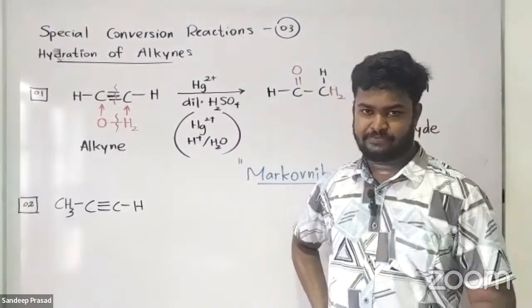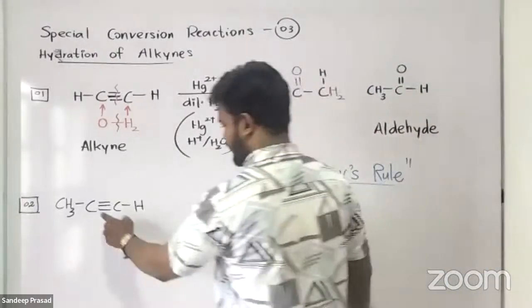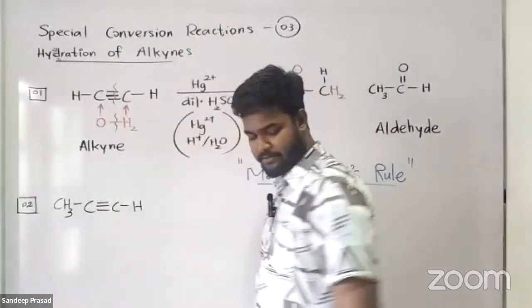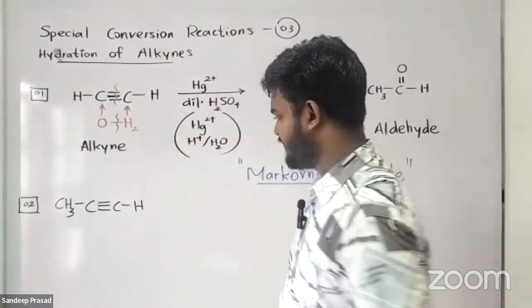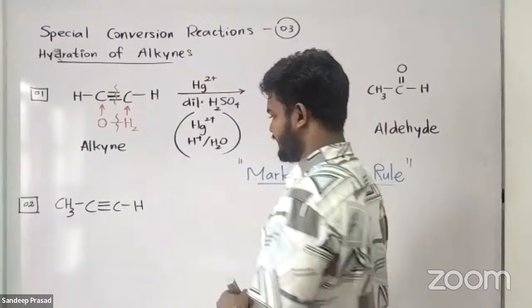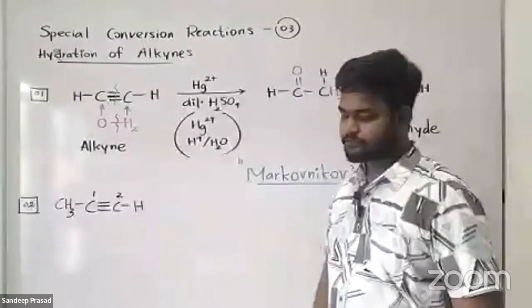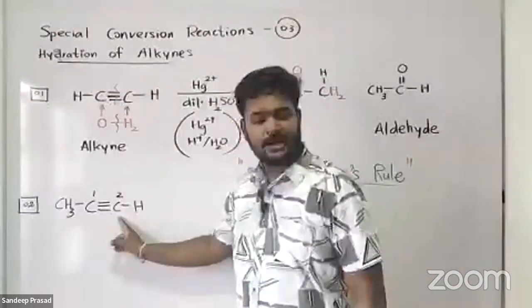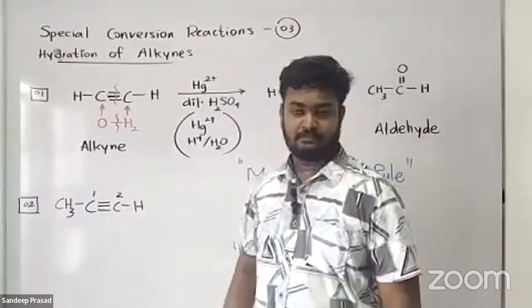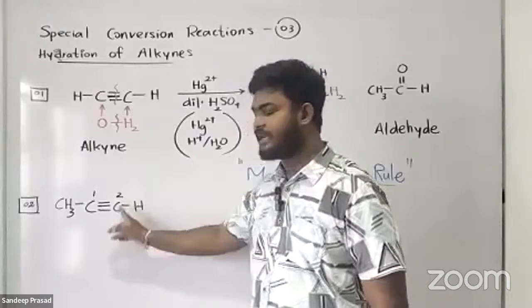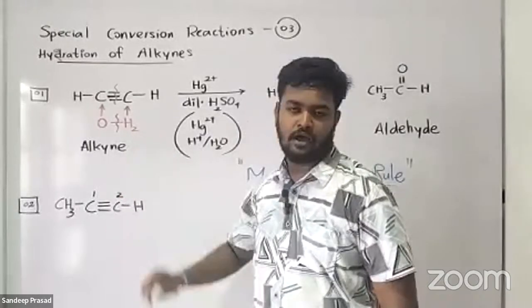Rich with hydrogen. That means if you consider these two triple bond carbon atoms, let me name them as carbon atoms 1 and 2 here. The second carbon atom is rich with hydrogens because hydrogen is directly connected to that carbon atom.